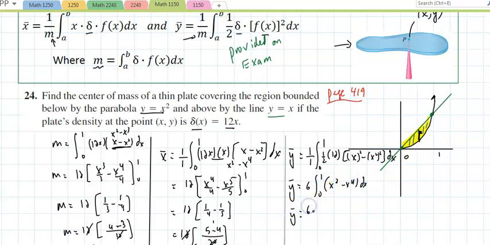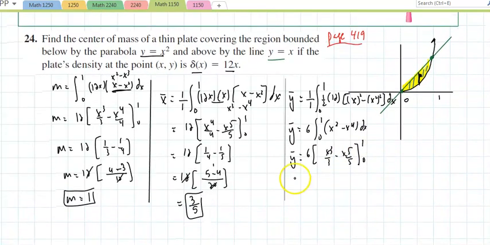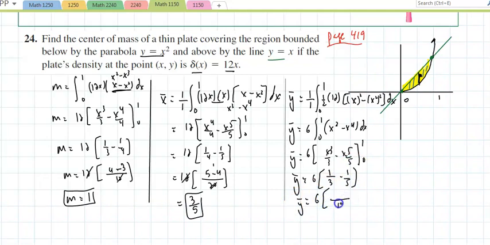Y bar is 6 times x cubed over 3 minus x to the 5 over 5 evaluated from 0 to 1. So that's simply 6 times 1/3 minus 1/5. I'm rushing, I don't know why. Y bar would be 6 times all over 15.